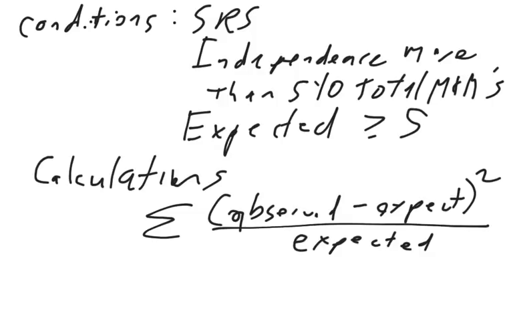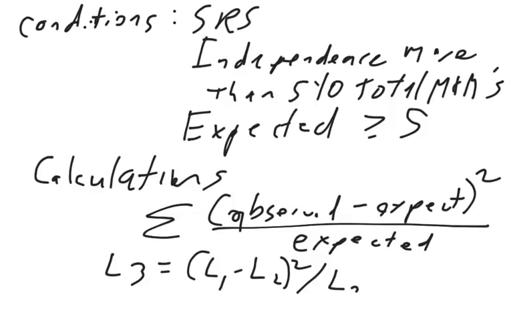So in our case, we're going to make L3 equal to L1 minus L2 squared divided by L2. And then after we do that and we hit enter, we're going to sum L3 and get our answer, which was 7.38.